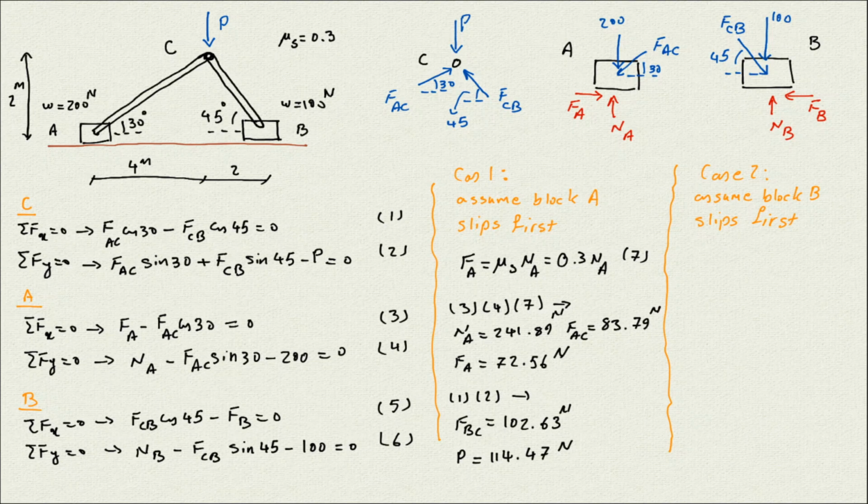So this time FB is going to be mu s NB, in other words 0.3 NB, and this is going to be equation 8. This time, in the first 6 equations, any place we have FB, we replace it with this, and then we solve these 6 equations along with equation 8 to get all the unknowns.